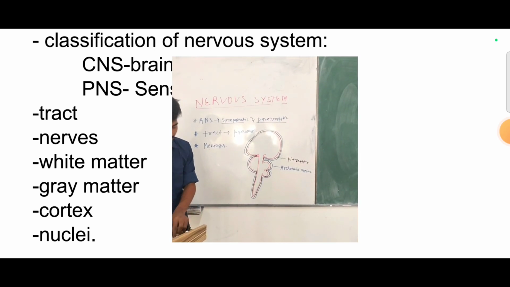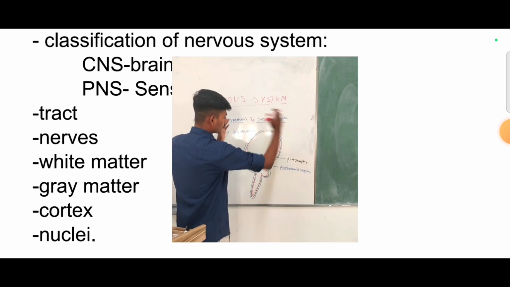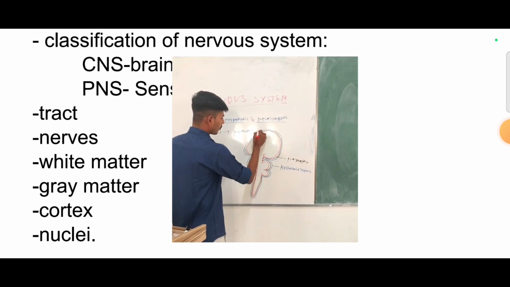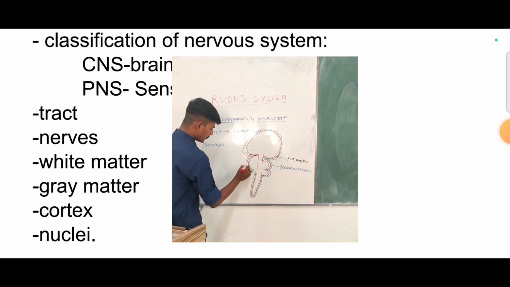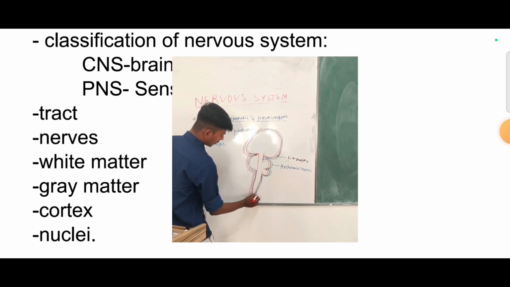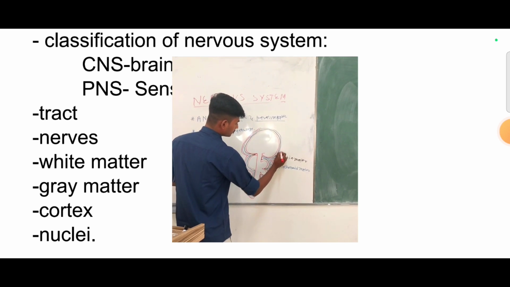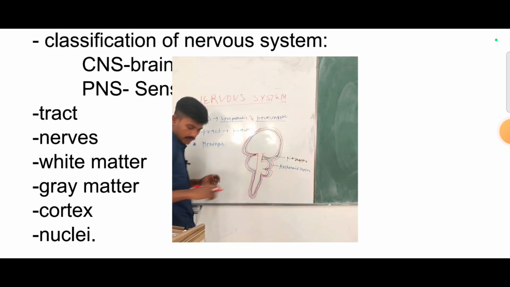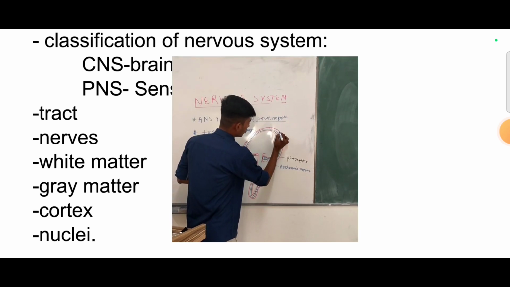Now the last layer, which is above all the three layers, is very tough and durable, and it's called the dura mater. I make it different so that you can visualize it.